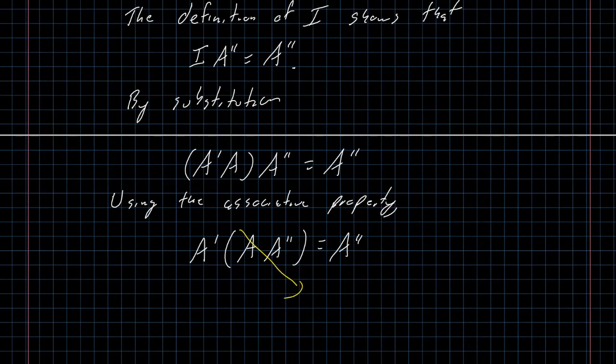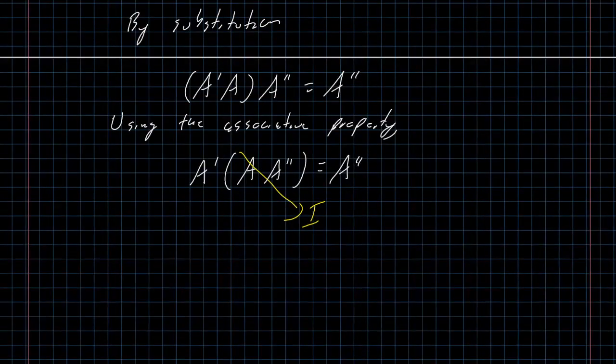And of course, A times A double prime, I just scrolled it off the screen, but that's equal to the identity matrix. So we have here A prime times I is equal to A double prime. And of course, any matrix multiplied times I is that original matrix once more.